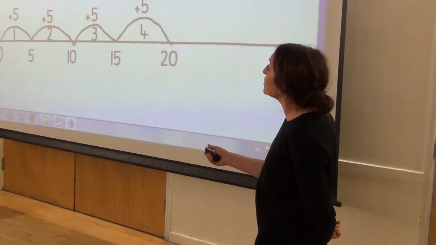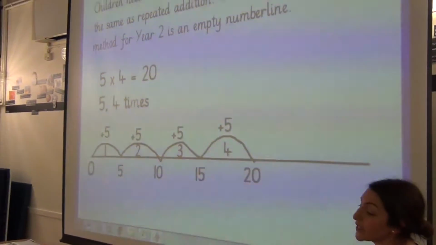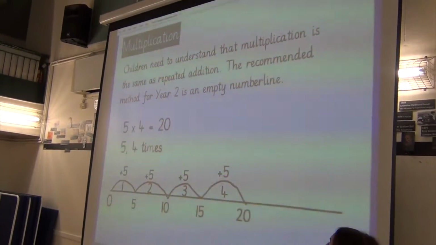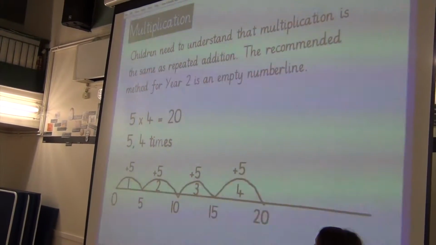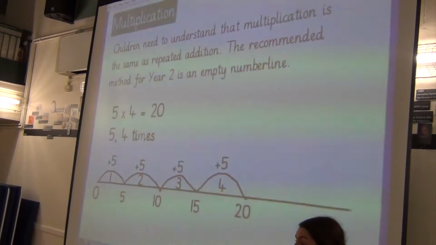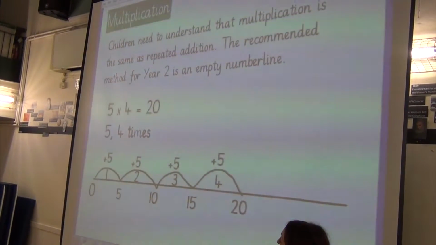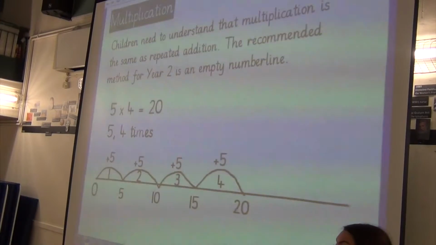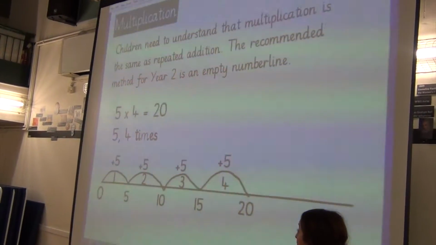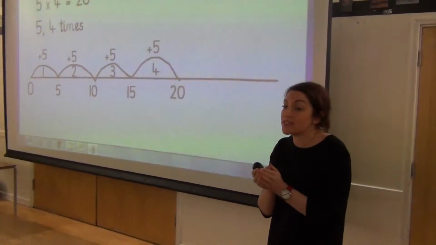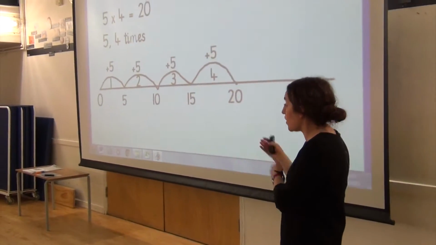So with multiplication, children need to understand that multiplication is the same as repeated addition. And the recommended method that we have been using in Year 2 is, again, using an empty number line. So children will be presented with a calculation such as 5 times 4, and we've been teaching them this year in Key Stage 1 and in Key Stage 2 that we would say 5, 4 times.